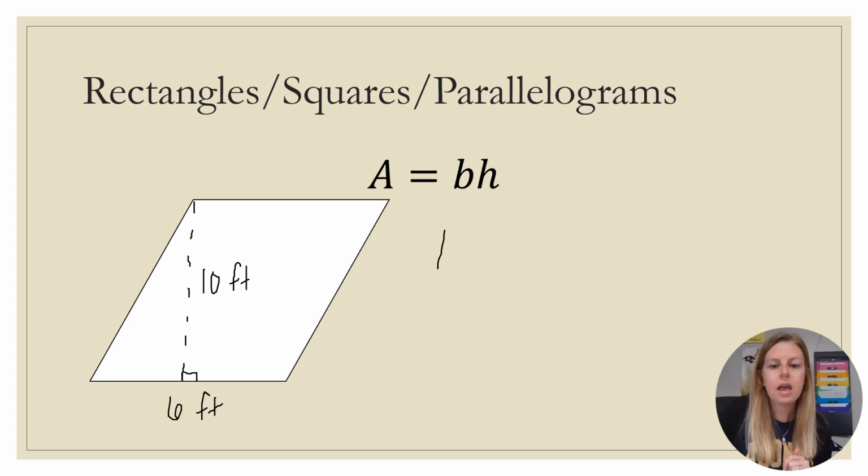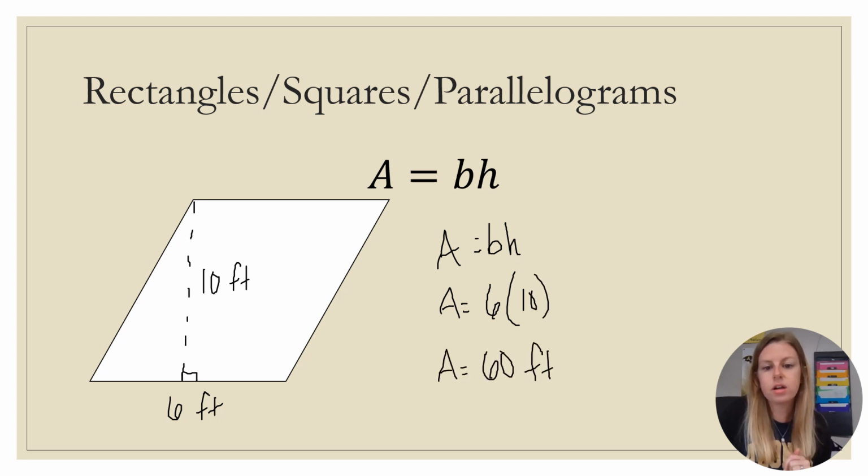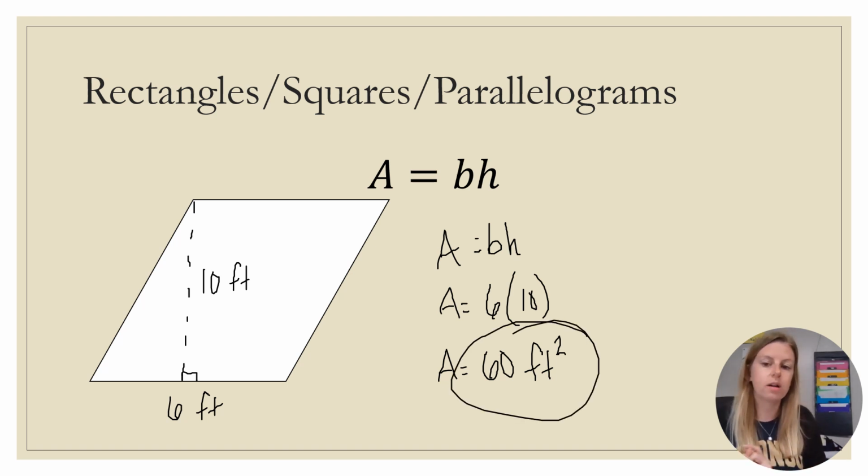All right, area equals base times height. Area equals, my base is 6 times my height is 10. 6 times 10 is 60, and we are in area, so that's feet squared. So there's our answer, 60 square feet. So again, rectangles and squares both do the same thing.